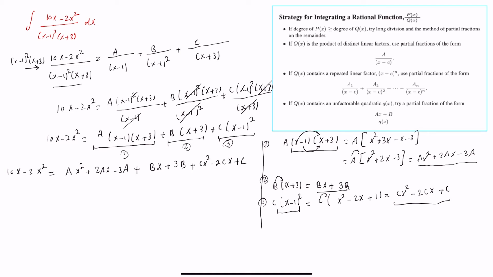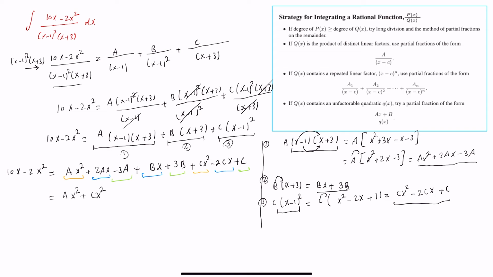Now I'm going to group x squared together, the x together, and the constants together. So these are the x squared, these are the terms with x, and these are the constants. First we will have the terms with x squared: ax squared plus cx squared.